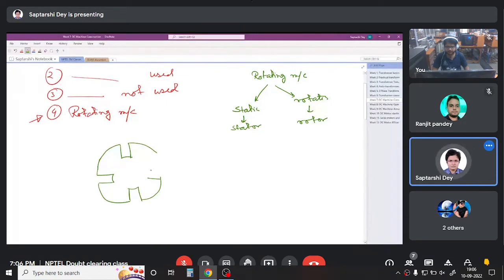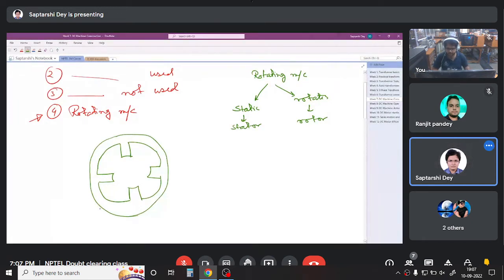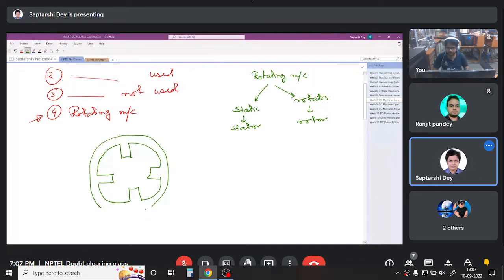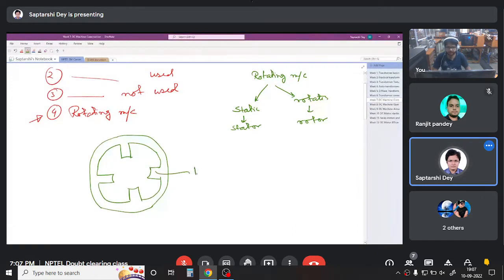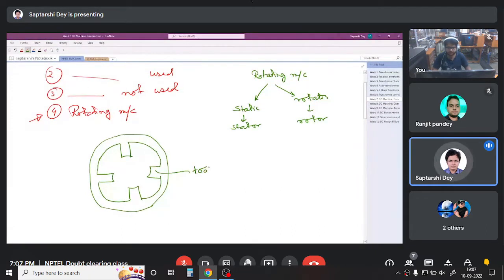So the teeth, okay, let me complete the body. It is actually round, although it doesn't look round in my drawing. This is round, obviously. So these things are called teeth, or singular form tooth of the stator.